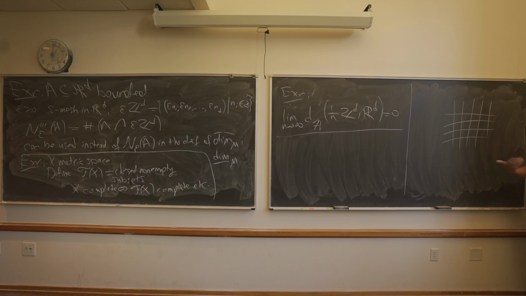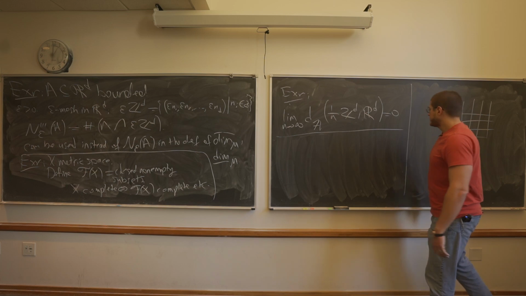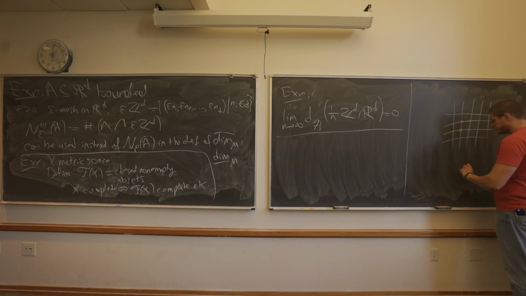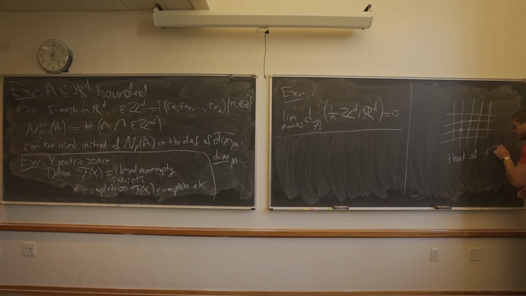So how do you formalize that? Well, you need to use what is called an isometry or isometry group. And so you can think of it like this. I can think of epsilon ZD as a certain group of isometries of RD, as a subgroup of the group of isometries of RD.